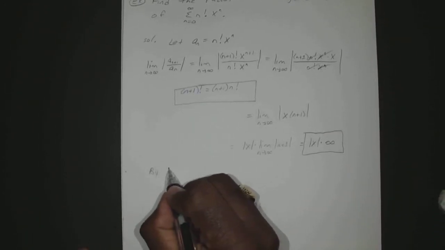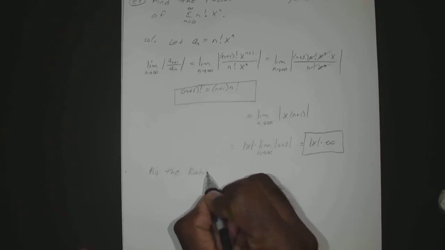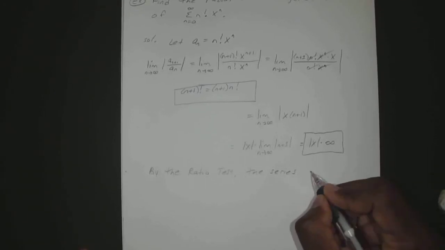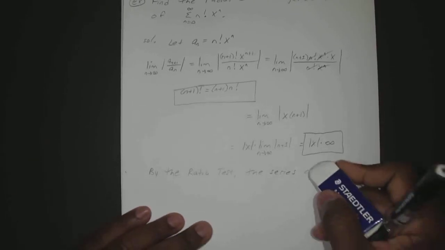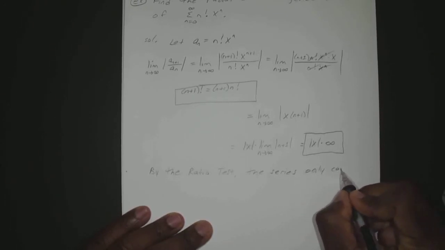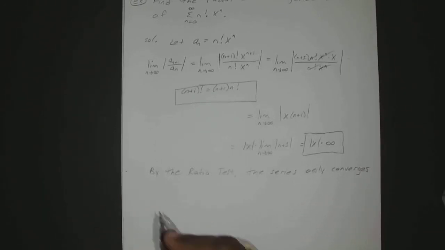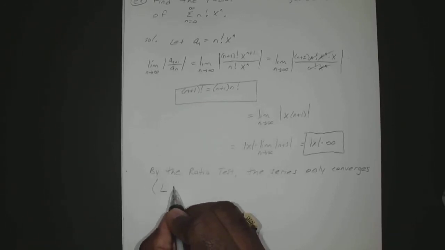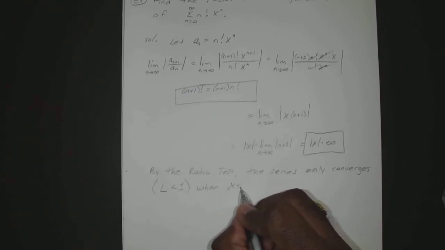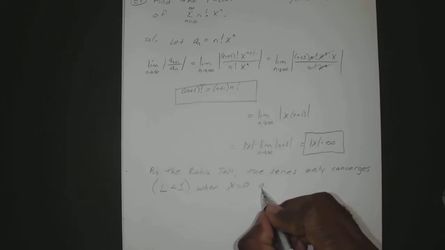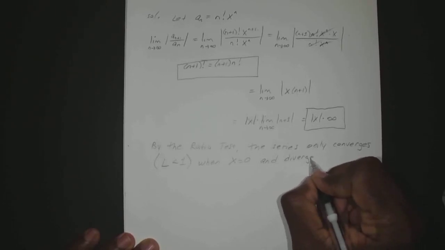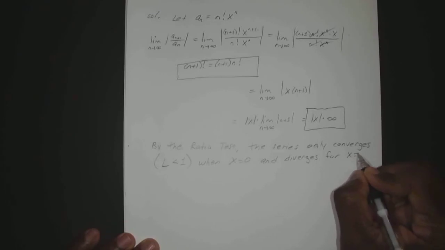Okay, so by the ratio test, the series only converges, and remember, by converges, that just means that our limit is less than 1, when x is equal to 0, and diverges for every other value of x, for x not equal to 0.